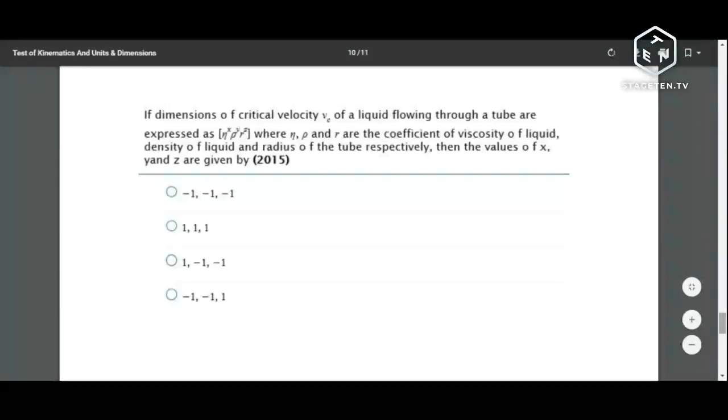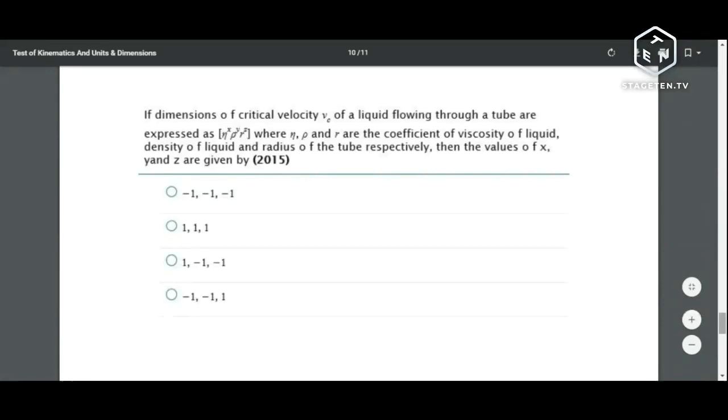On the other hand, you have eta, the coefficient of viscosity of the liquid, given as M^1 L^-1 T^-1, raised to the power x. Then we are given the density of the liquid, so you need to write M^1 L^-3 T^0, because that is the dimensions of density, raised to the power y. Then we come to the radius of the tube, given as M^0 L^1 T^0, raised to the power z. Then we just need to equate the values.